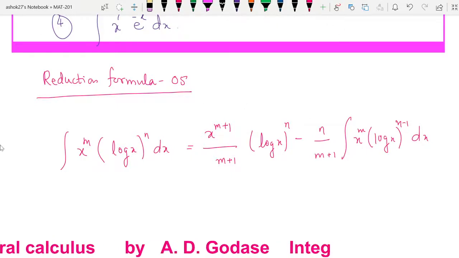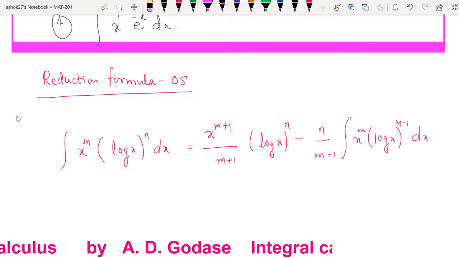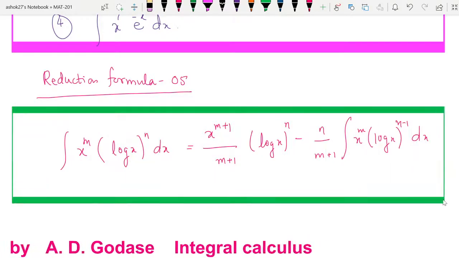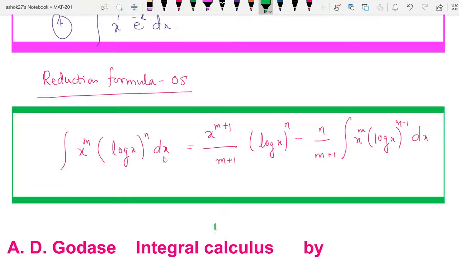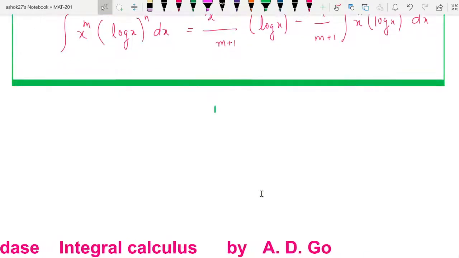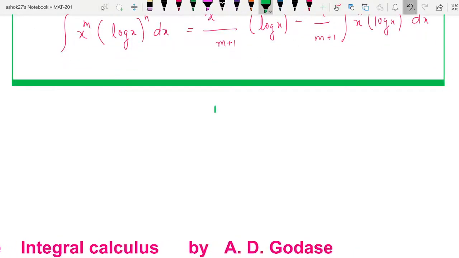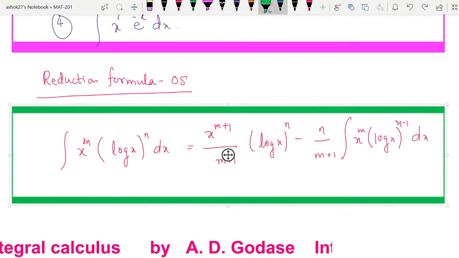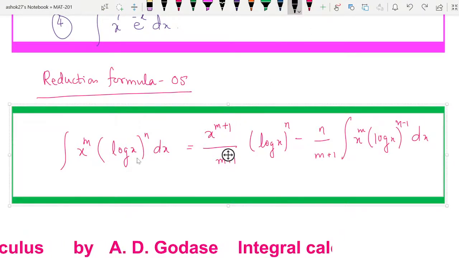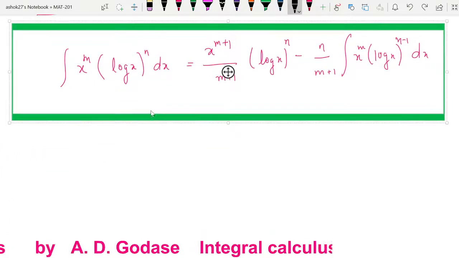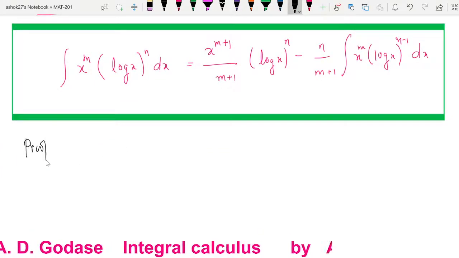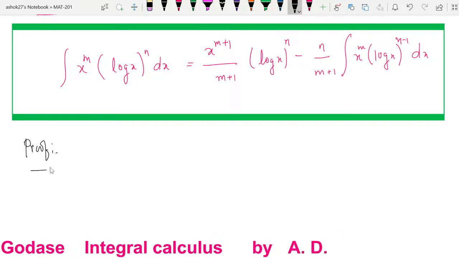So first we will derive this reduction formula and then we will solve some illustrative examples on it. So, derivation of the proof, you can see. So, proof.